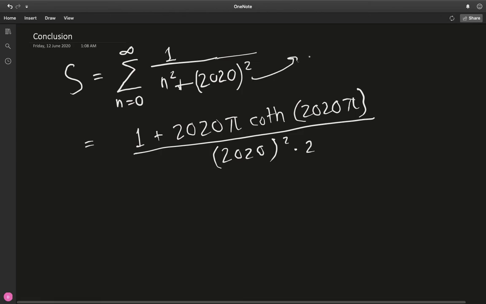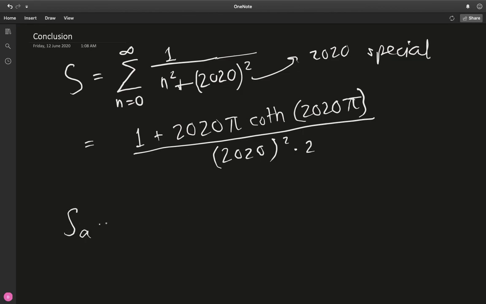That's why 2020 is special. And this was just equal to 1 plus 2020 pi times hyperbolic cotangent of 2020 pi divided by 2 times 2020 squared.